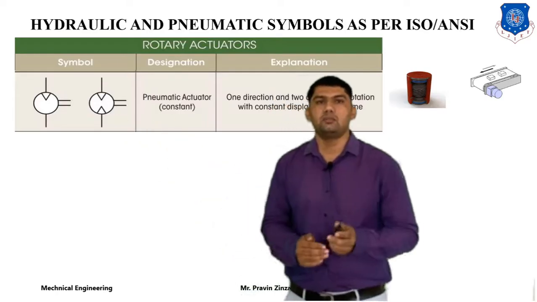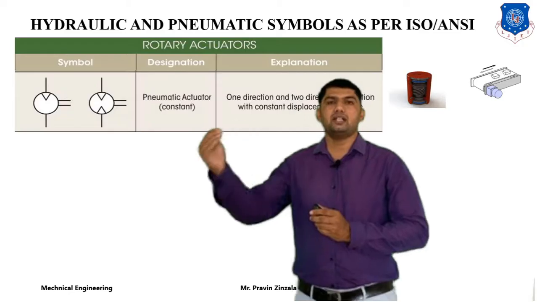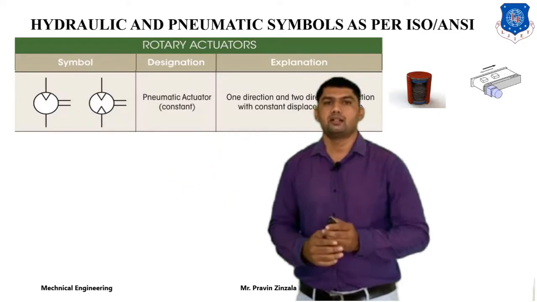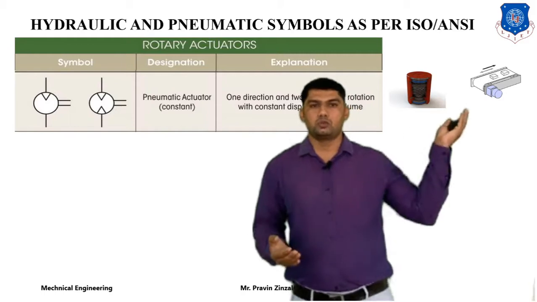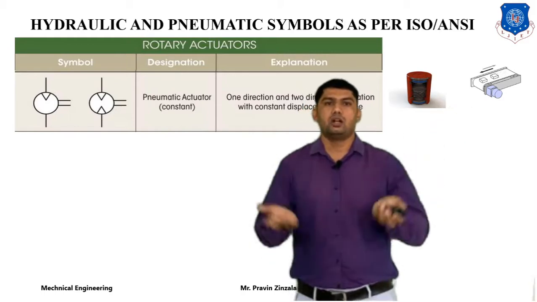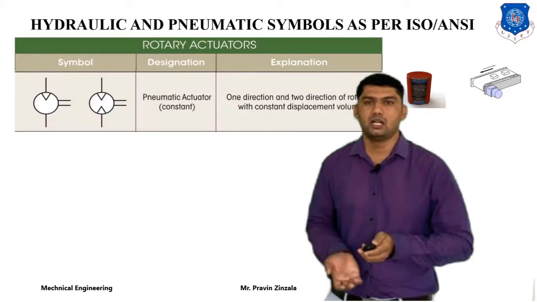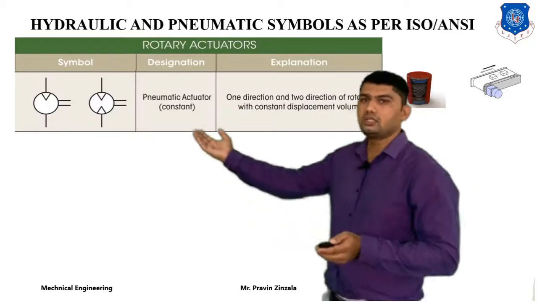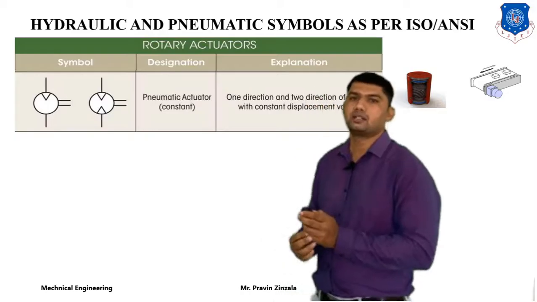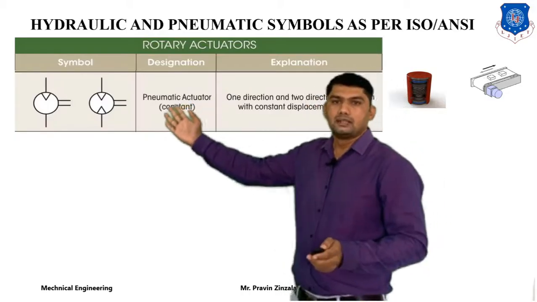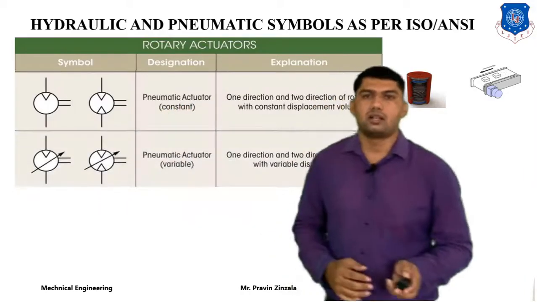Rotary actuators are used for transportation, belt conveyors, or in automation as per requirement. The only difference between the single direction and two direction symbols is a single triangle and a double triangle.